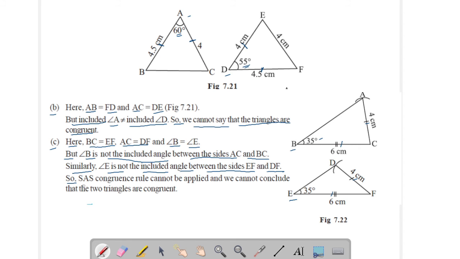So SAS congruency rule cannot be applied, and we cannot conclude that the two triangles are congruent, because what is the included angle? The included angle is C, and here the included angle is angle F, and they are not equal. It is not given to you. That's why these two triangles are not congruent.